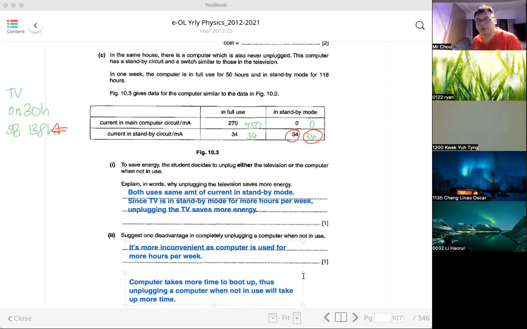Computer got battery powering. I mean, not the battery that powers the computer. A normal computer shouldn't have a big battery that powers the computer. Okay, everybody okay?